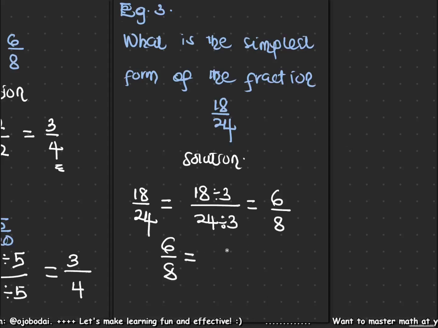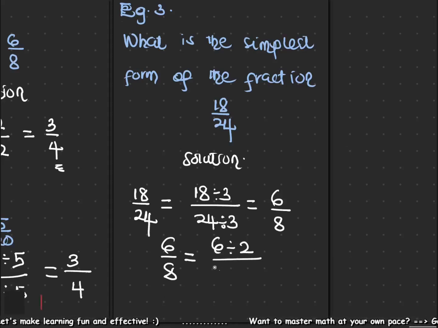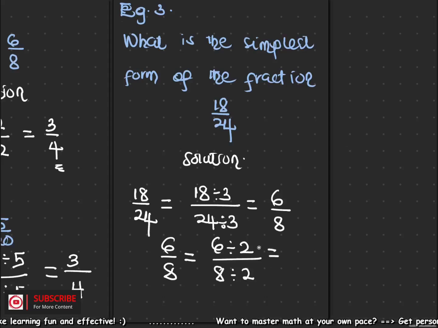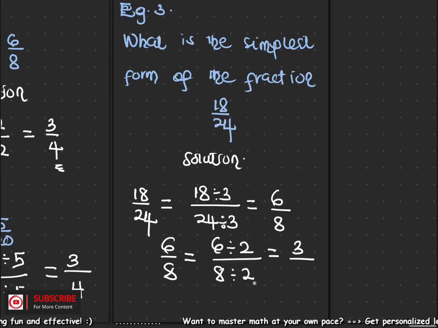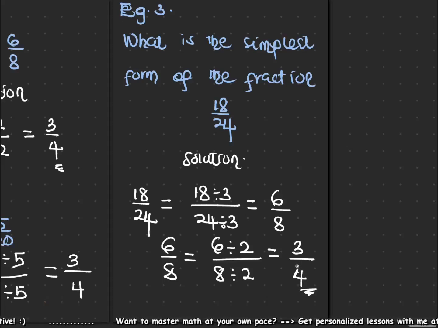What number divides both? We can use 2. So we divide 6 by 2 and also divide 8 by 2. 6 divided by 2 gives us 3, whilst 8 divided by 2 gives us 4. This becomes our simplest answer.